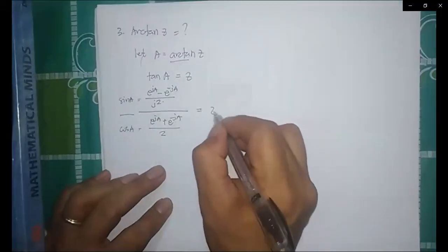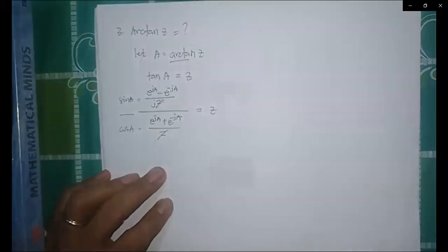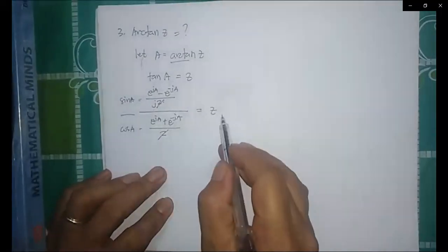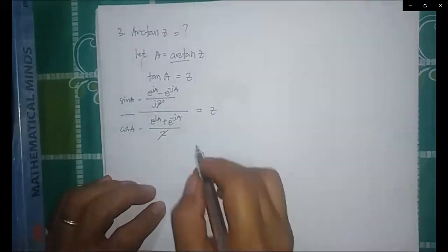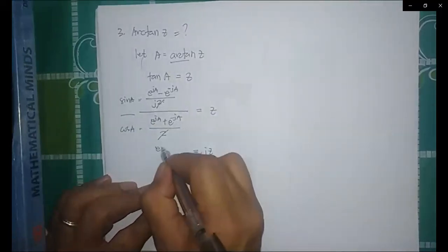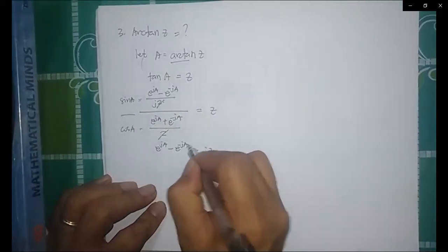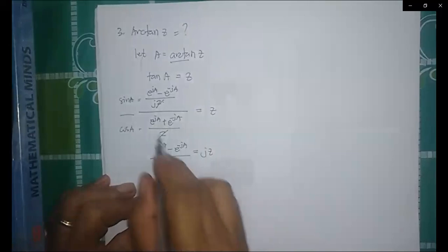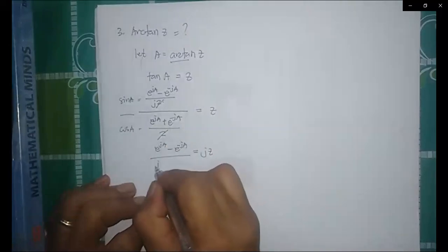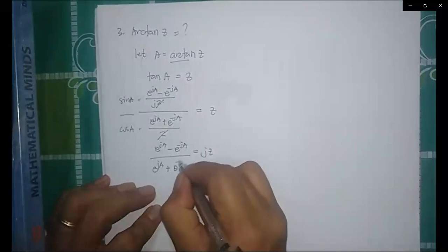Now, if we simplify, 2 will cancel out. And j there will be transposed to the other side of the equation. That will become jz, which is equal to e raised to ja minus e raised to minus ja all over e raised to ja plus e raised to minus ja.